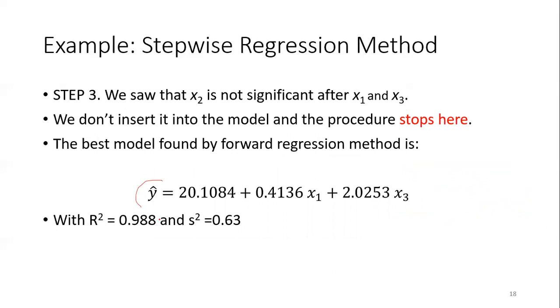Okay. So y hat is equal to almost 20 plus 0.4138 x1 plus 2.0253 x3. Okay, with R squared, this is very high, 98.8%, and s squared is 0.63. Okay, so both of them are pretty high.